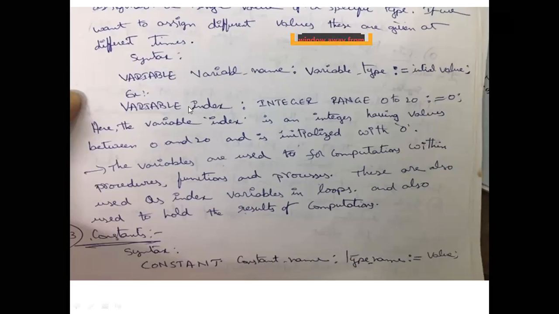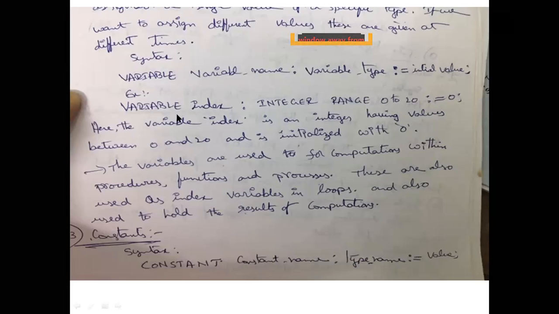So in this example, index is a variable name and integer is a variable type. Suppose if we want to declare integers, they must have some range. So we mention it as an integer range from 0 to 20. After this operator, we type the initial value. Suppose we want to declare 0 to 20, then the initial value is 0.